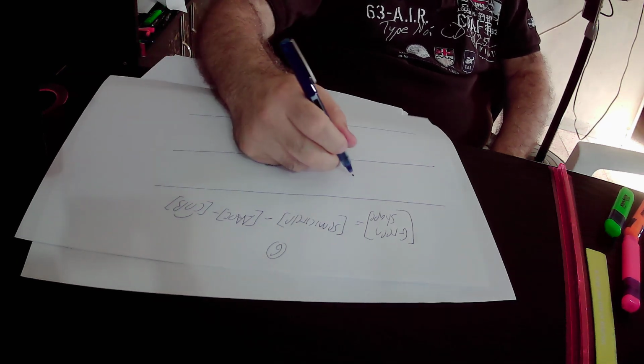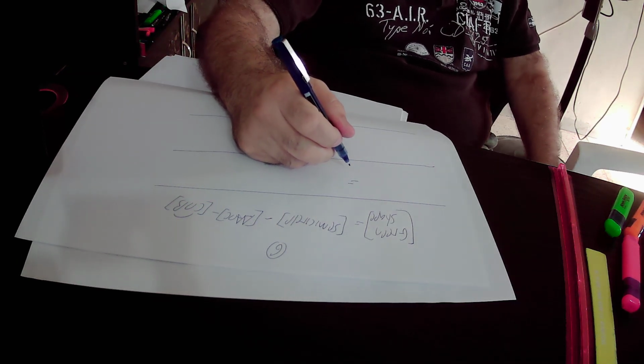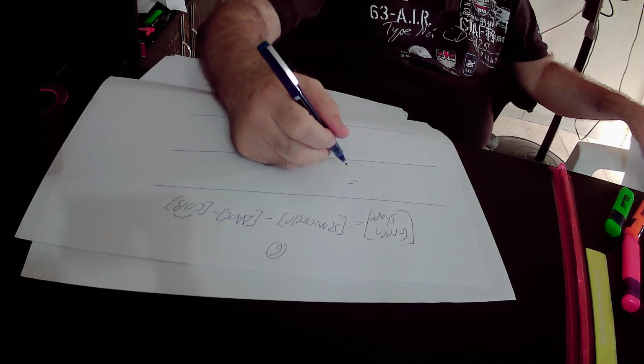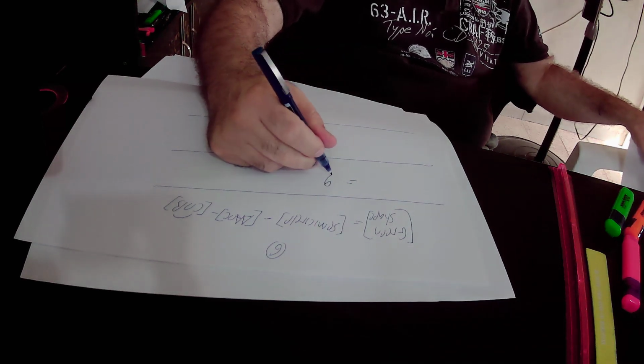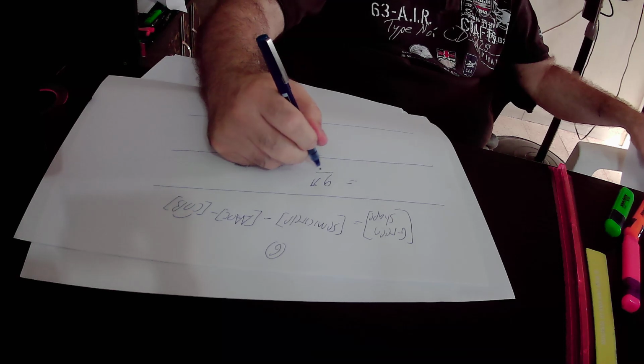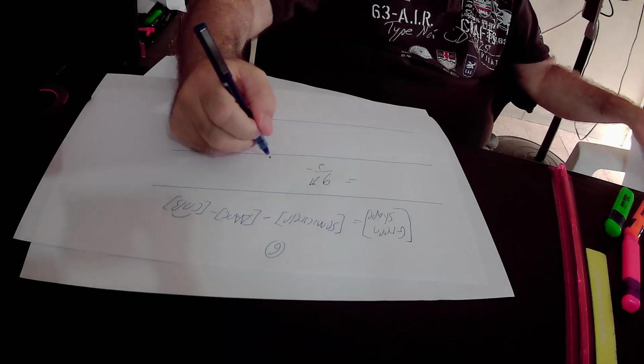We have already found that the area of the semicircle is equal to 9 pi over 2 square units, minus the area of triangle AOC.